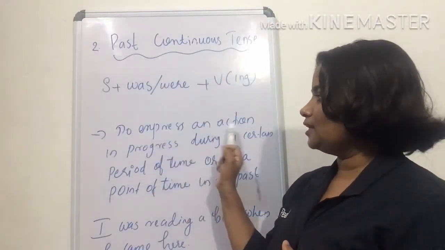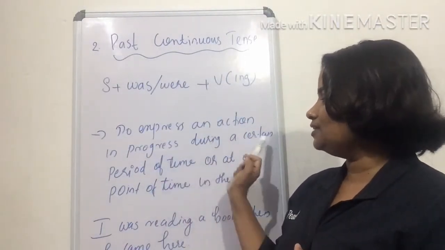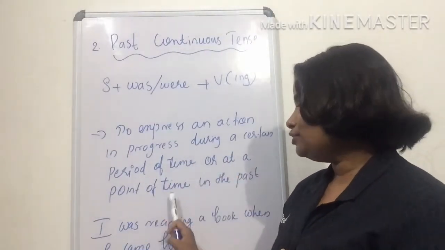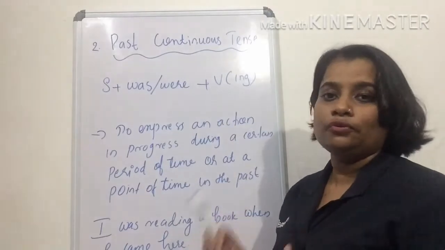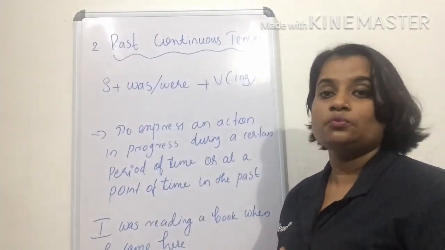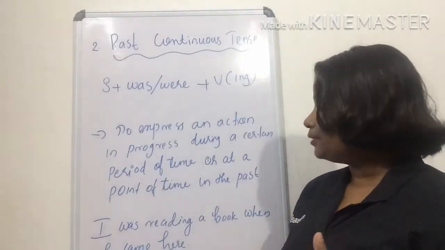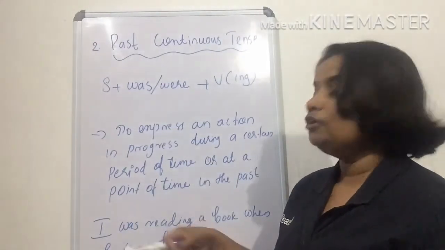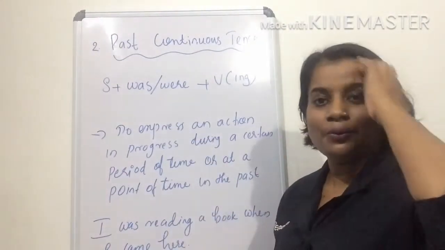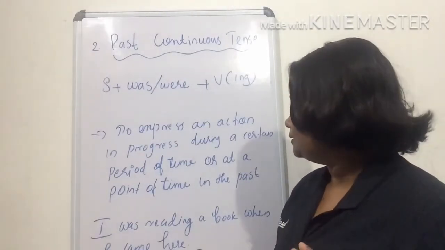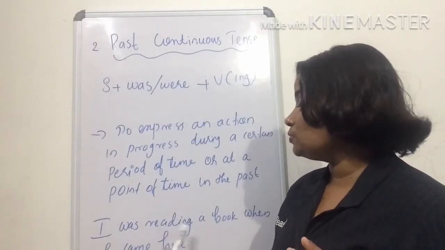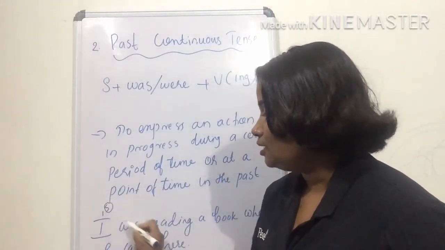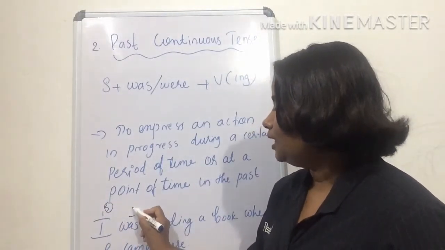To express an action in progress during a certain period of time or at a point of time in the past. If you want to express an action which is progressing during a certain point of time or period of time. So I'm going to give you an example over here. I was reading. Look here. I is the subject. Was is the helping verb.